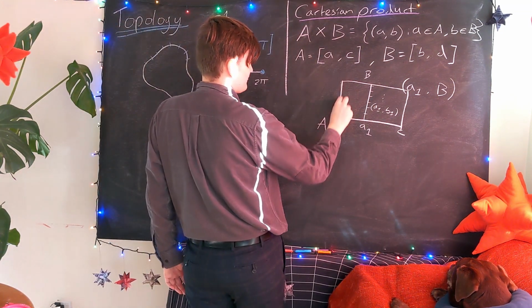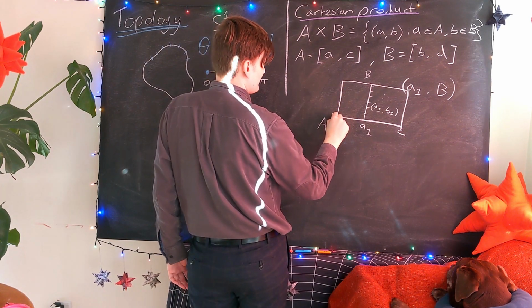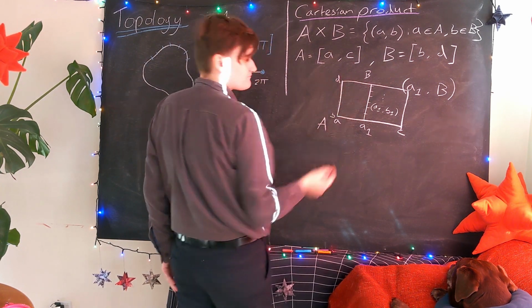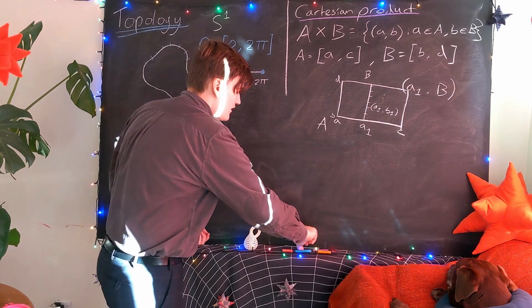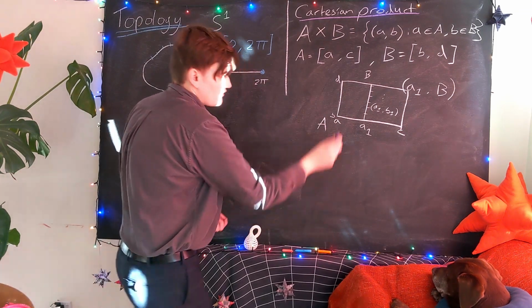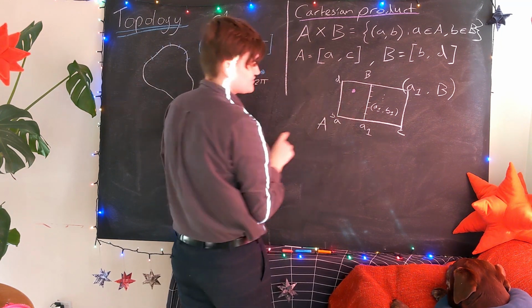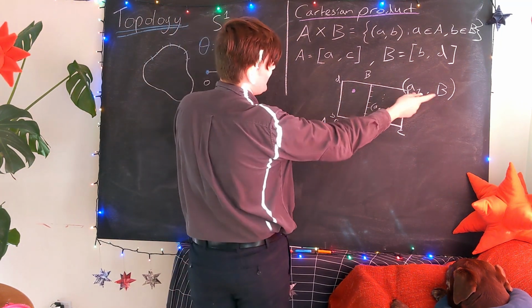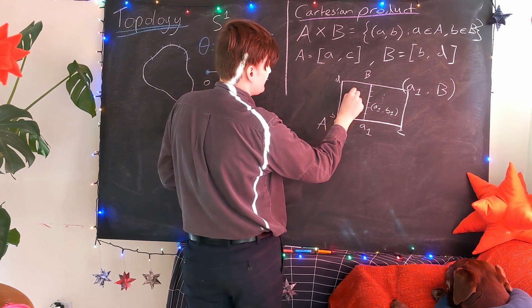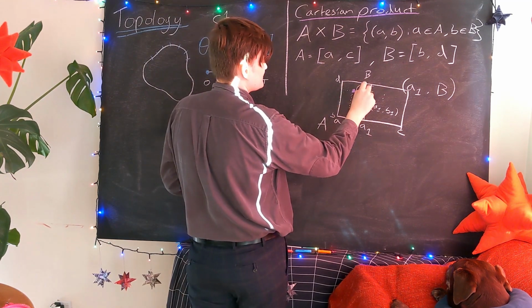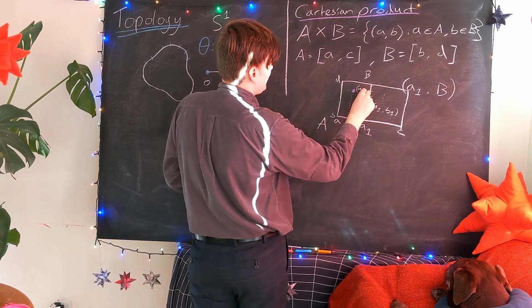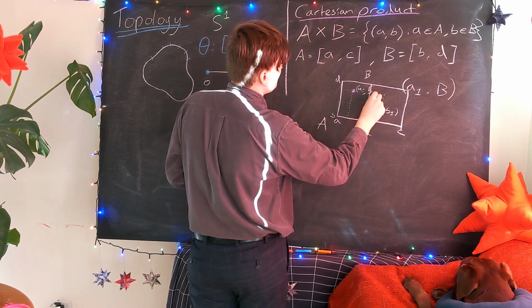This is a copy of B, so it's going to go from B to D. And now any point inside this rectangle is just going to represent one of the possible pairings of the two elements of A and B. So this is going to be some a_i and some b_i.